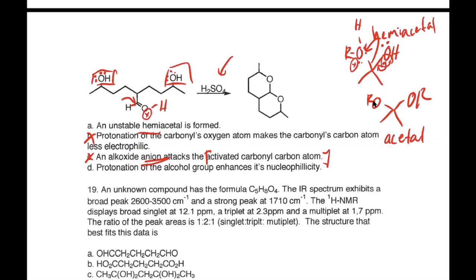You're giving it a positive charge now, and a nucleophile likes to have excess electron density. So if you want to make an alcohol group more nucleophilic, in fact, you would deprotonate it to give it an O minus charge. So I would cross that out, and I would go with the unstable hemiacetal being formed at some point within this process.